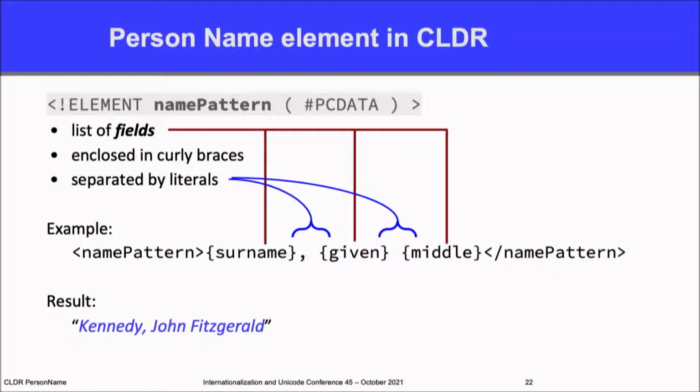So for example, with the sorting format here, you'd have surname, and then you have the literal, comma, space, given with a space, middle, and then the end of the element that's in place. So you drop the name in, and it would just drop into the formatter based on the objects, and then be able to present it accordingly, according to the format as specified.